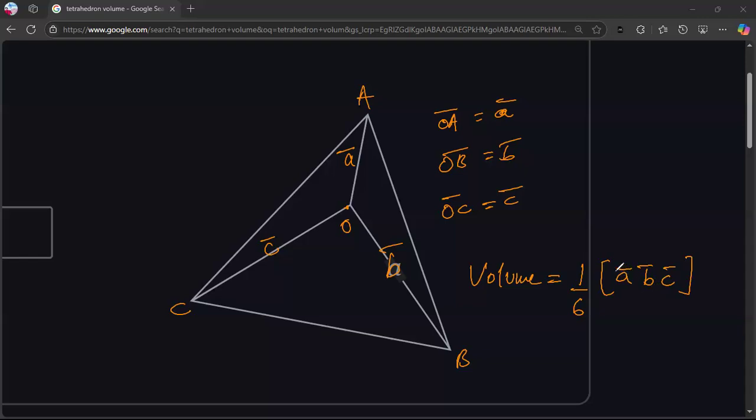And of course, volume can never be negative. So why not take a screenshot and apply this in our notes?